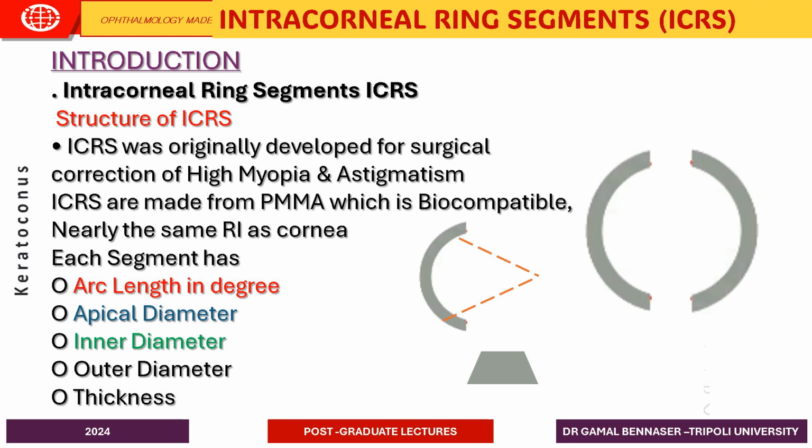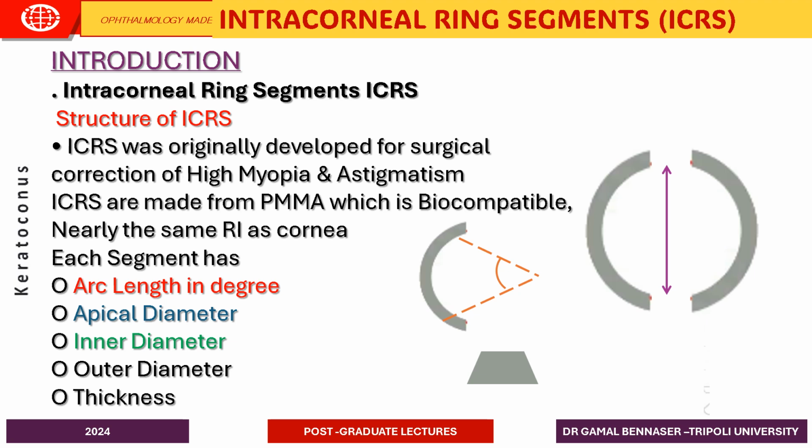So the more the length, the more the effect, and it will have an effect on the spherical component of the refractive error. The smaller the length, the greater the effect on the astigmatism. And we have the apical diameter, which is the optical zone. This is usually between 5 to 6 millimeters.